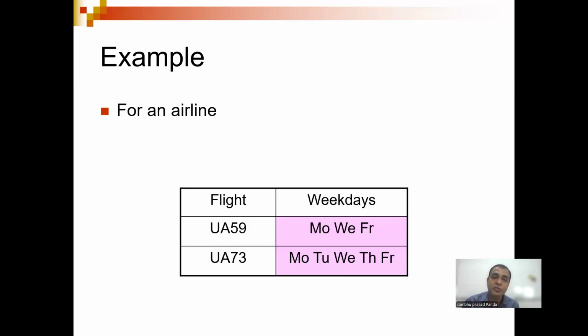This is another example, for an airline, with flight and weekdays as two columns. Under this, we have the data UA 59 and UA 73. Under weekdays, we have multiple values like MO, WE, FR, that is Monday, Wednesday, Friday. So that's why it is in unnormalized form. We have to convert that into normal form.